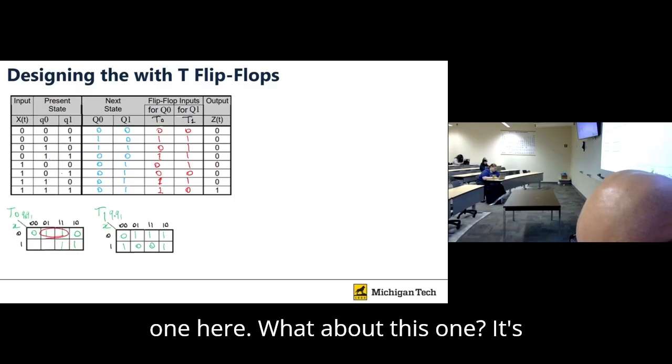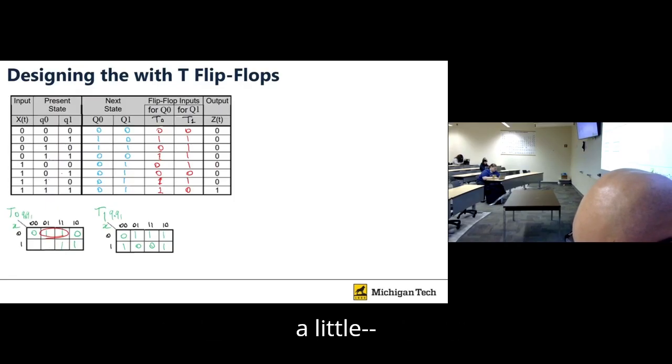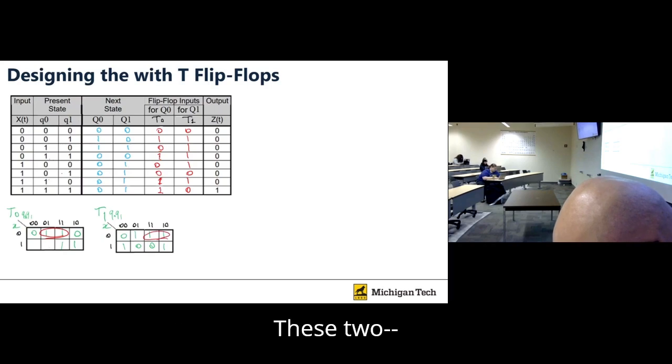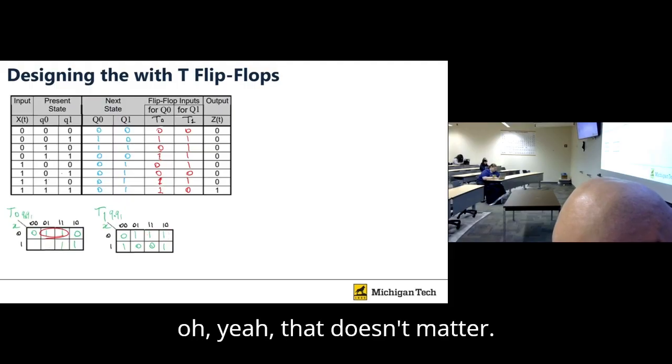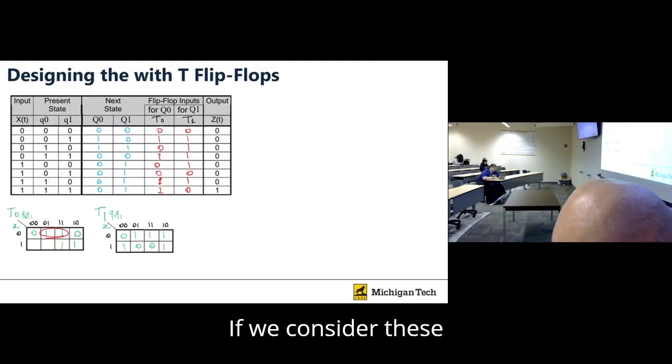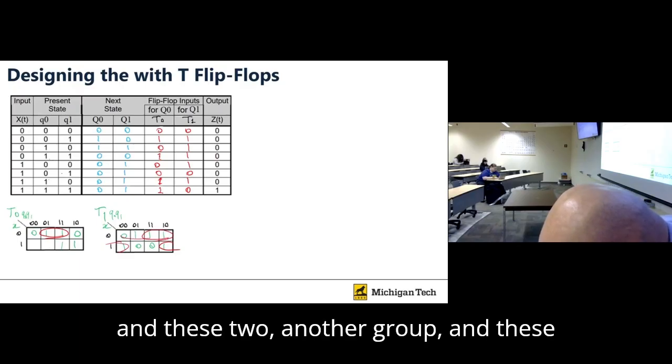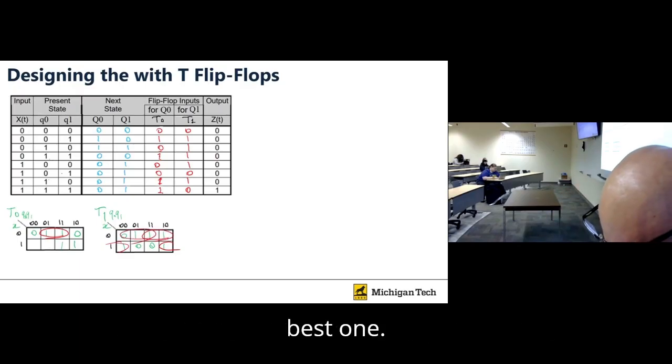What about this one? They're not arranged well. These two. Oh yeah, that doesn't matter. If we consider these two one group, and these two another group, and these two another group, I think that's the best one.